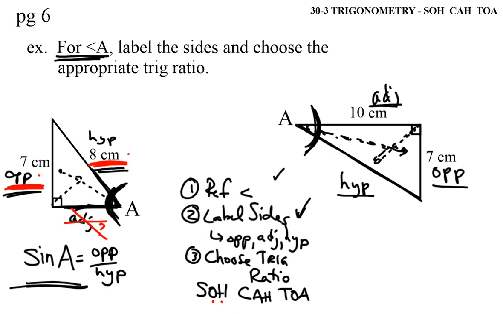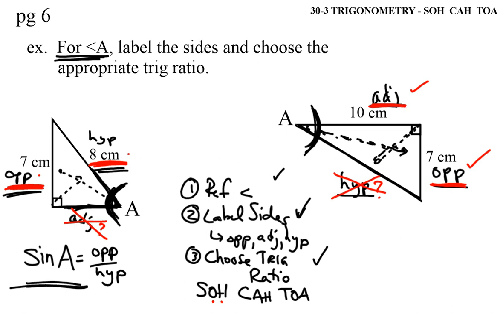Well, in that case, now we need to choose the trig ratio. Adjacent's given to us, that's a good thing. The opposite is given to us, that's a good thing. The hypotenuse, we don't know it. So if we don't know the hypotenuse, it's not helpful.